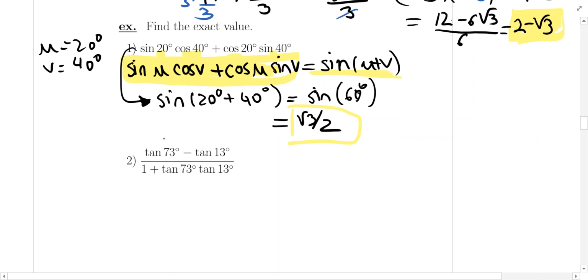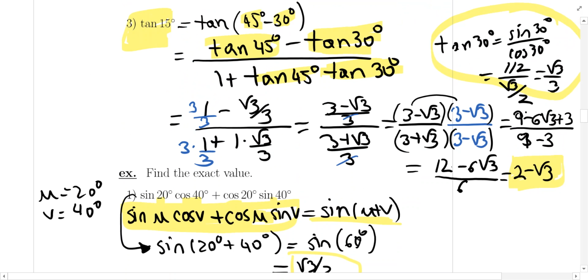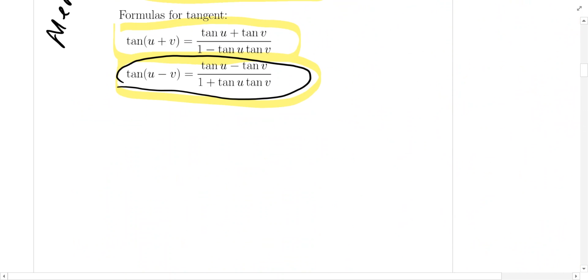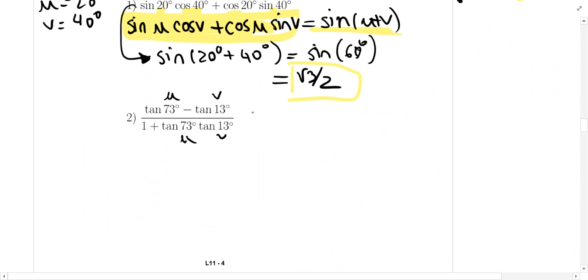All right, so the same for this. I'm given that my u is 73 and my v is 13. So let's see what formula has tangent of u minus tangent of v over 1 plus tangent. Well, we just did this one. So I know that this is this one, right? So this equals tangent of u minus v.